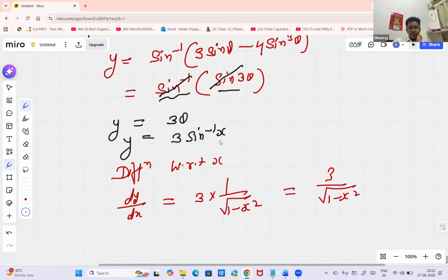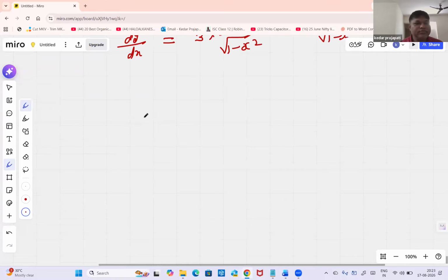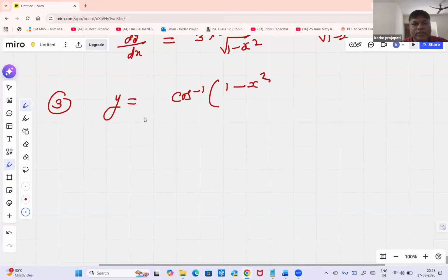Yes, sir. All right. Now, one more question, which is very frequently asked. This comes in JEE also. y is equal to cos inverse of (1 minus x square) divided by (1 plus x square).